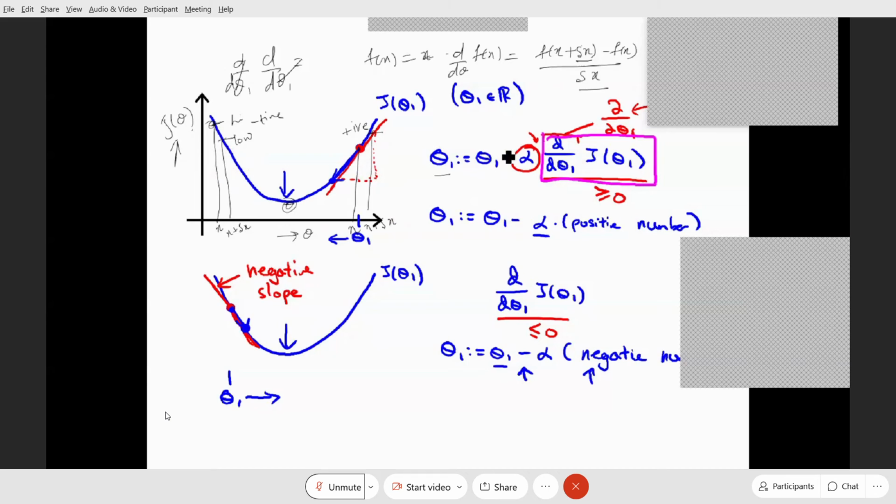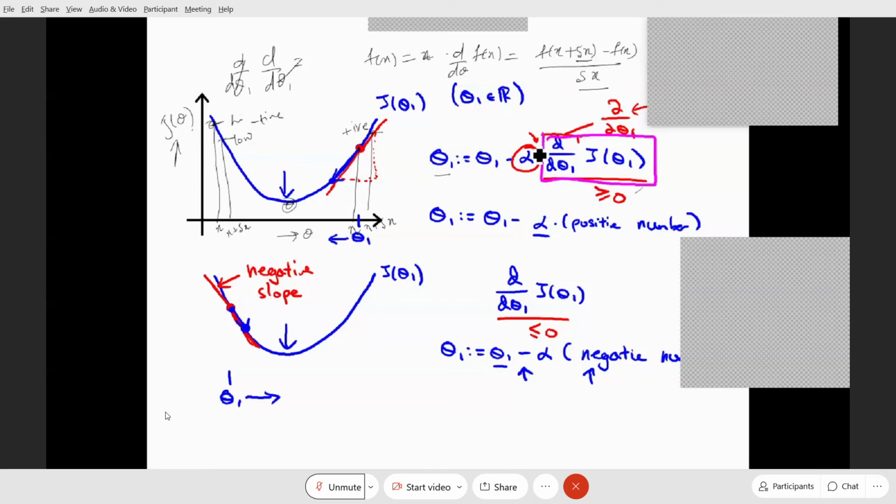Whether I should be adding or subtracting something to my current value of theta 1 will depend on this J theta, right? If the gradient is negative and I subtract, actually I'm going ahead. If it is positive and I'm subtracting, I go behind, isn't it? Therefore, my new theta 1 is equal to my current value minus alpha times d by d theta of J theta.